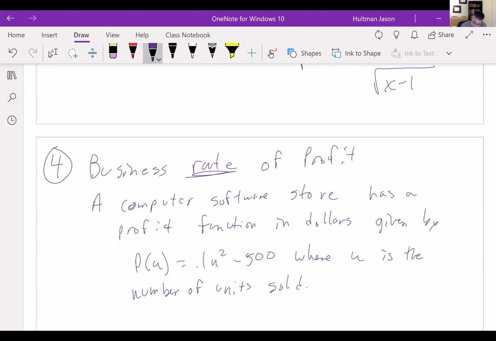Okay. This is a really obnoxious function, okay? Because it stinks. This function stinks. Why does this function stink? Any ideas? Because it's P of U. It's PU.